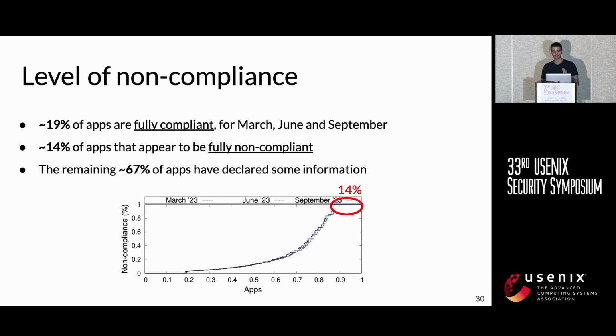Finally, the remaining 67% of applications have declared some information. In other words, developers attempt to fill in the data safety section, failing to reach full accuracy, thanks to these relaxed policies or loopholes that enable developers to avoid disclosing all this data.